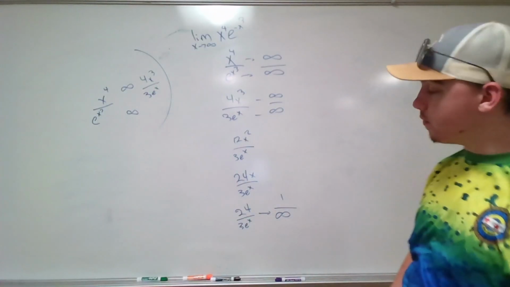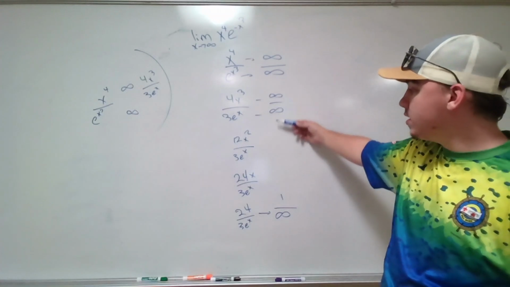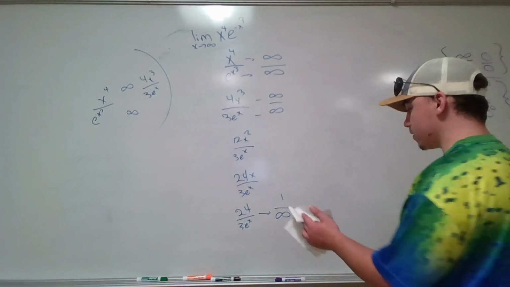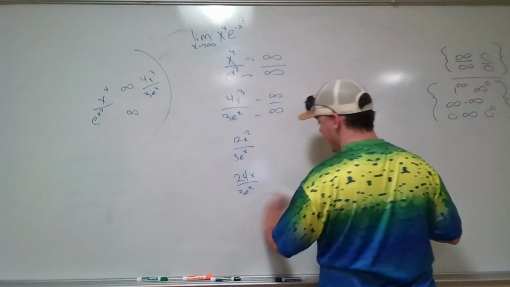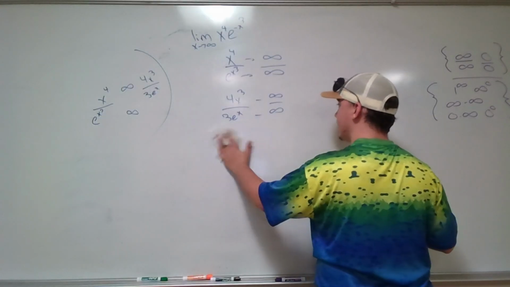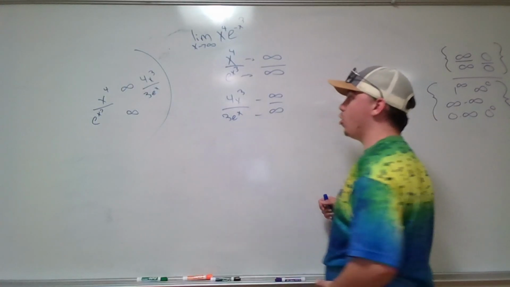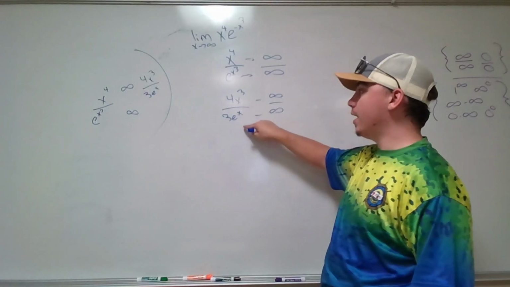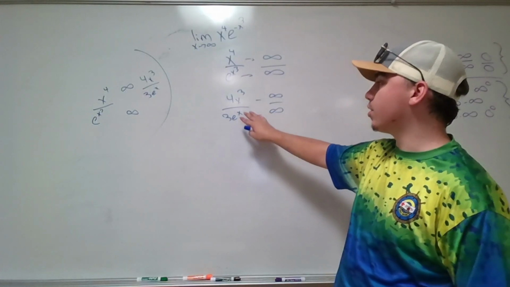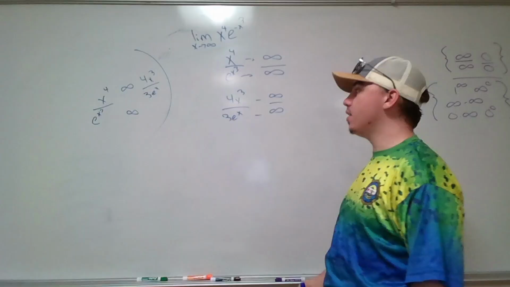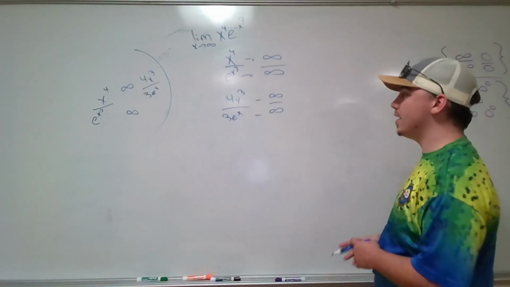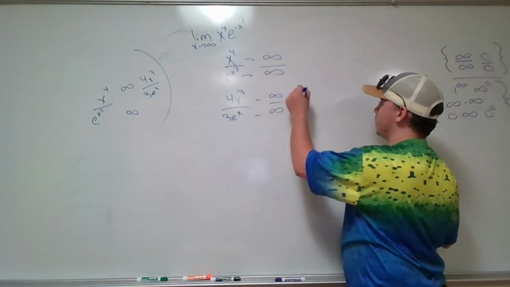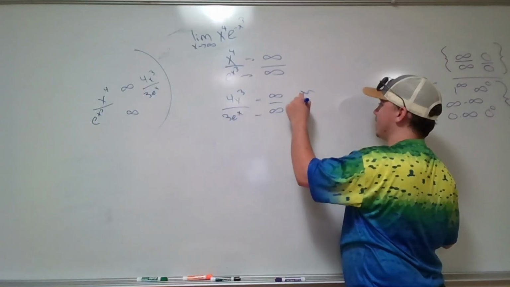This is a way to prevent you from having to do all these L'Hopital applications and derivatives over and over again. Instead, you can just say, oh my gosh, if this is an exponential, it's going to grow faster than this. Therefore, it is effectively going to become anything over infinity.